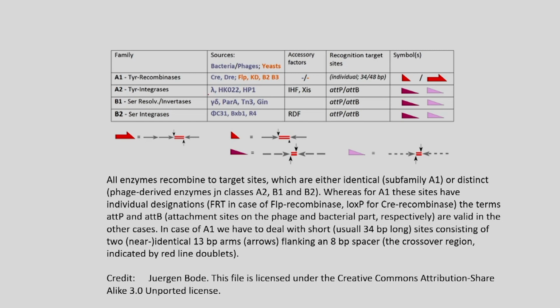You have, for example, in the case of integrases, lambda integrase. In serine resolvases, you have gamma delta, ParA, Tn3, and so on. And in certain cases, they require the accessory factors already discussed earlier, and some members do not. And these are recognition sites in phage and in the bacteria as discussed earlier.